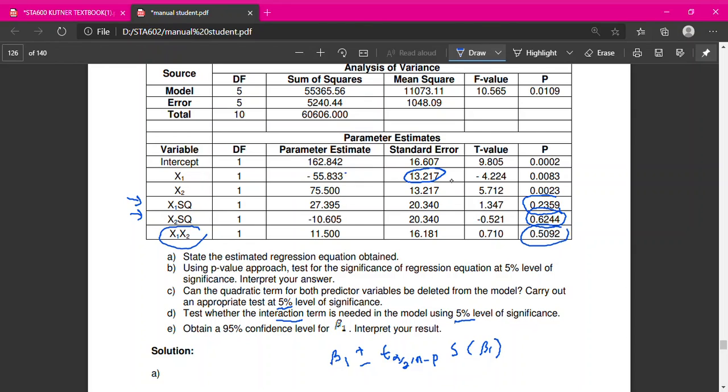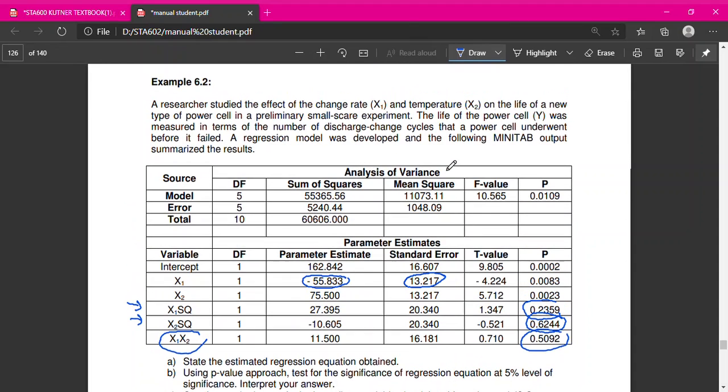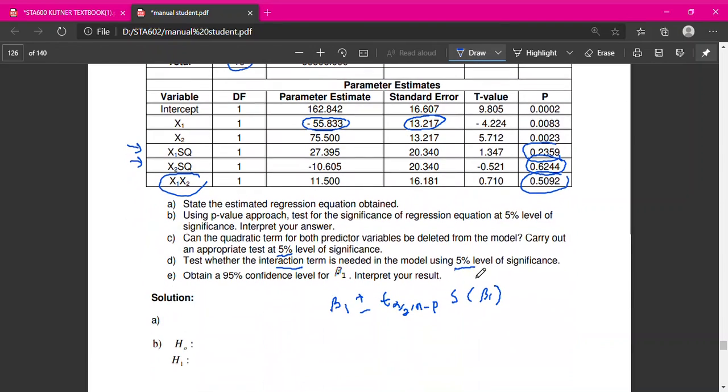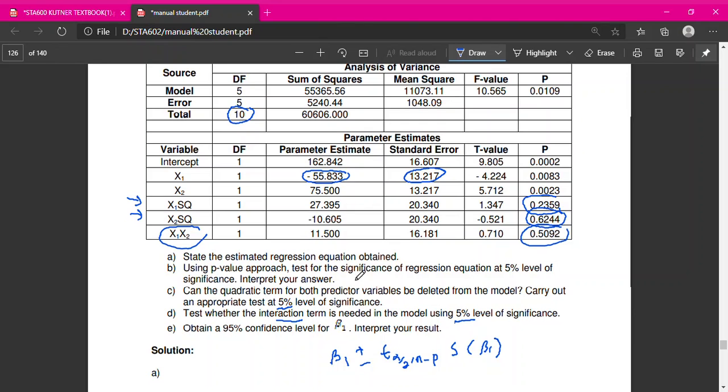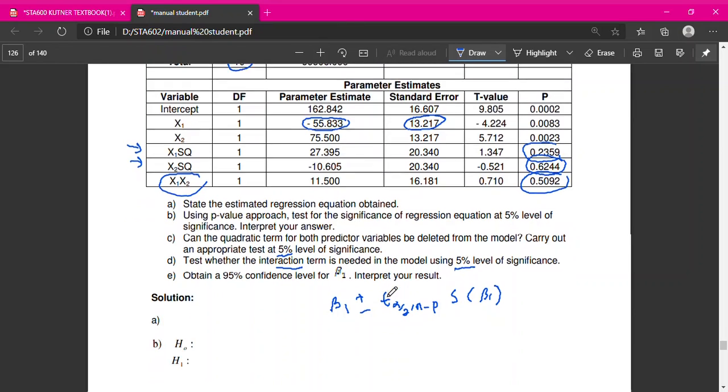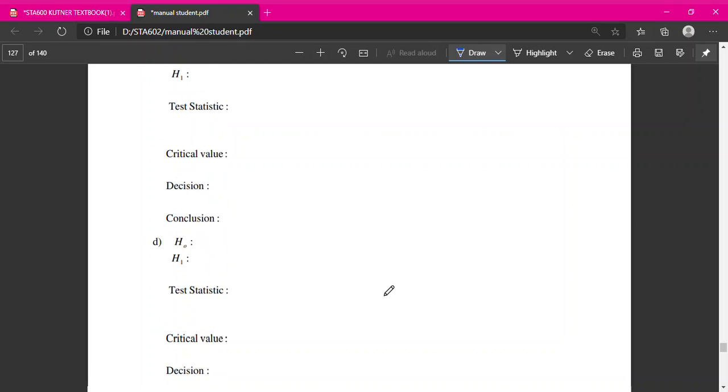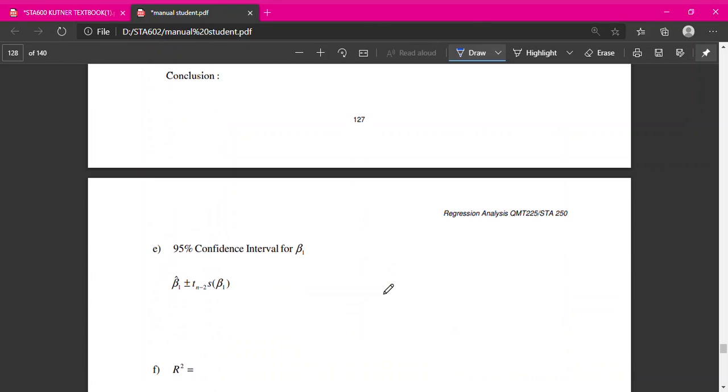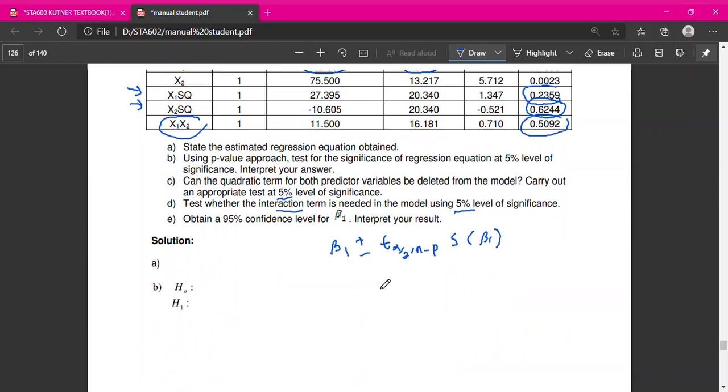Okay, nilai beta. So, cari T table dia. Okay. So, from here kita boleh tahu dia punya n kan. Sebab ni degree of freedom dia 10. N minus 1 is 10. So, dia punya n is 11 lah actually. Alright. So, kita boleh calculate macam biasa. Itu sahaja untuk polynomial regression model. Alright.